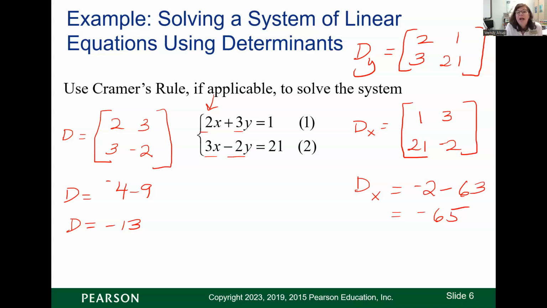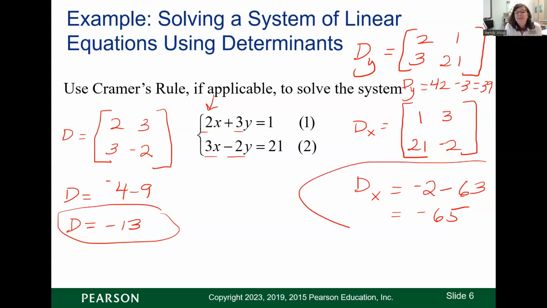And D sub y is going to be 2 times 21, which is 42, minus 3, which is 39. So I've got D is -13, D sub x is -65, and D sub y is 39. Now let's go back to that previous slide.